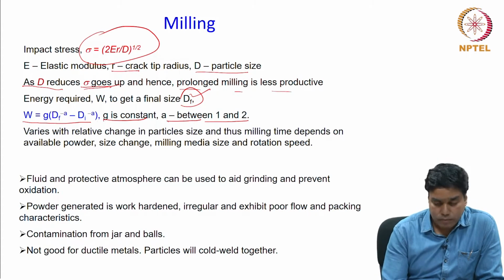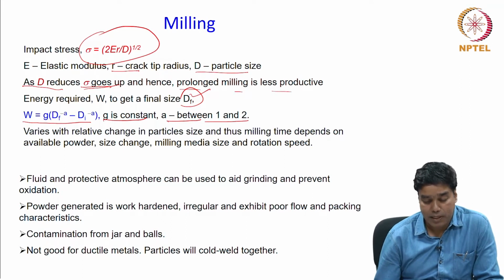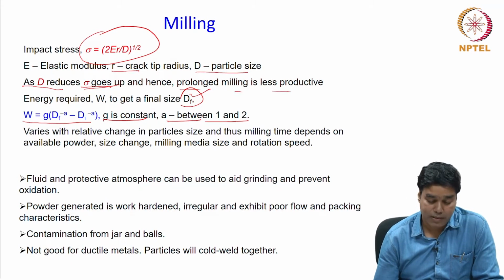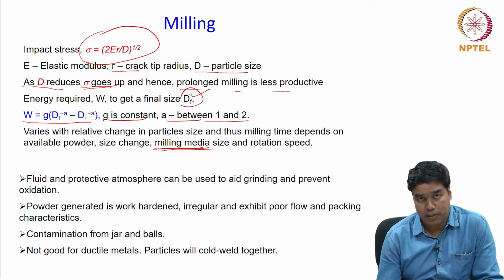And this again varies with relative change in particle size, and thus the milling time will depend on the available powder, the size change, the milling media size and the rotation speed. Milling media size is nothing but the size of the balls that you use.